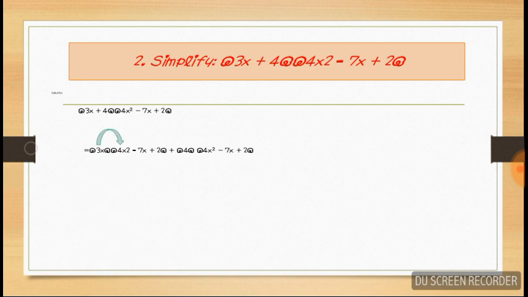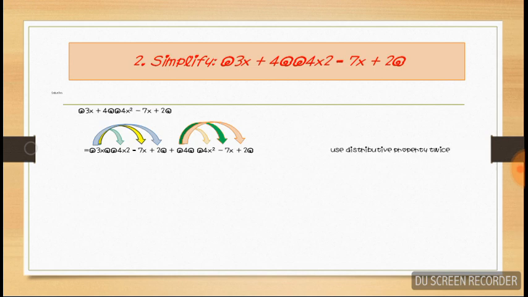So apply the distribution method. 3x times 4x squared, 3x times negative 7x, 3x distributes to positive 2. Also, what we did in the first quantity, we will also do in the second quantity. That is 4 times 4x squared, 4 times negative 7x, and 4 times positive 2.